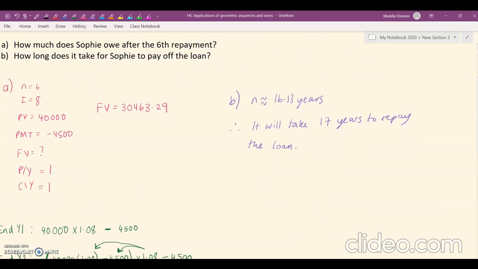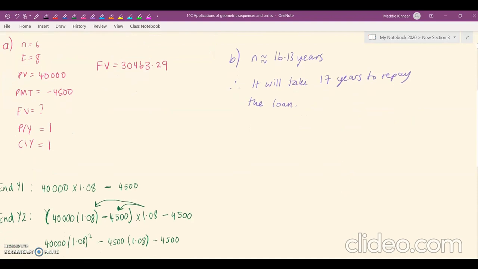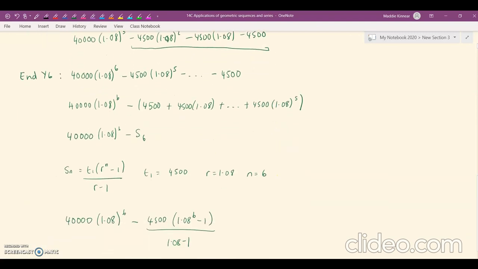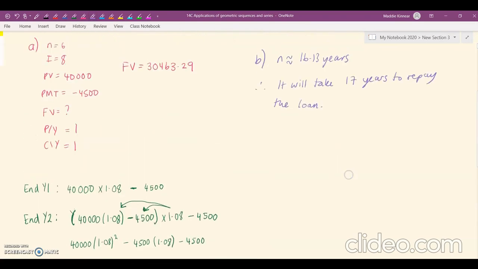Mathematically, the way you can actually solve this is just to set the value of the loan, so this formula here, 40,000 times this, take away this. To work out any value, year n would be equal to 40,000 times 1.08 to the power of n minus the sum of n. And to find this, we want Yn to end up being 0, that's the value we want.